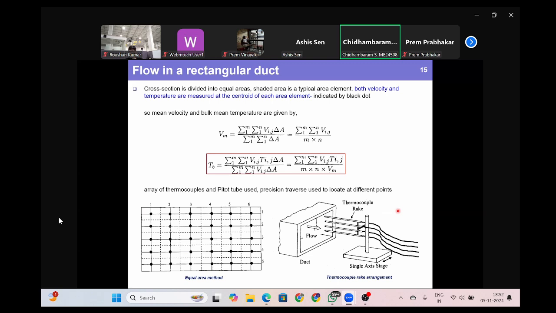See, the thing is, when you measure temperature of a fluid, you may think that it is static temperature, but it is actually stagnation temperature. So what you measure will be stagnation temperature. You need to subtract the enthalpy, the kinetic energy component from it to get the static temperature.